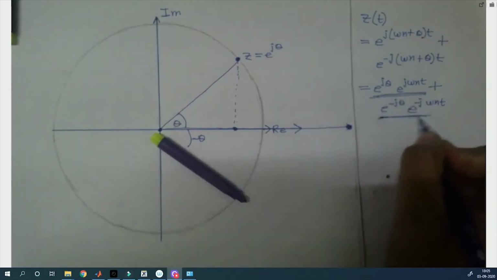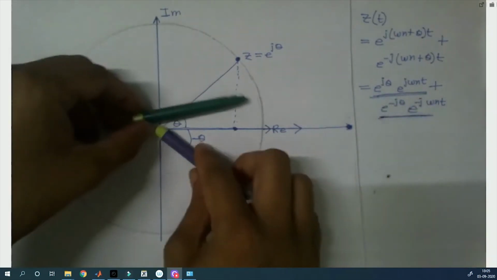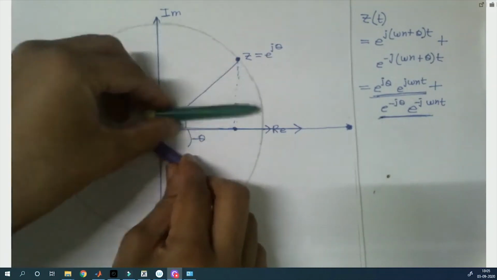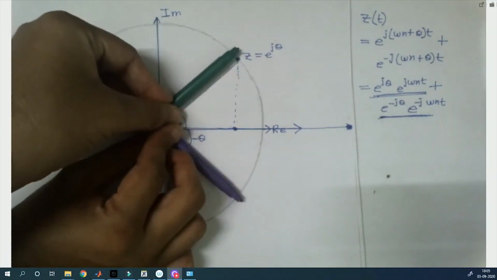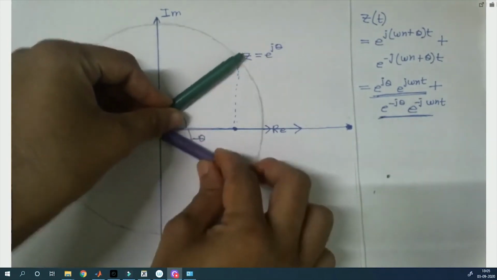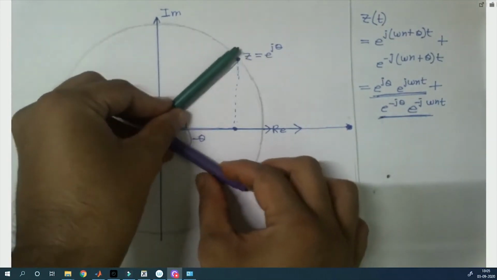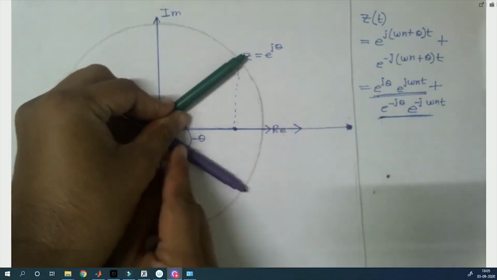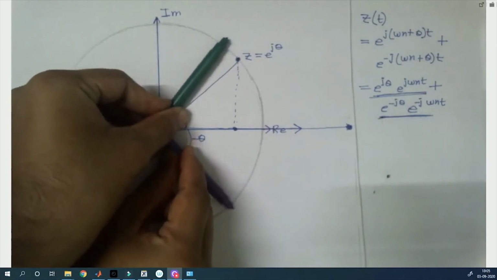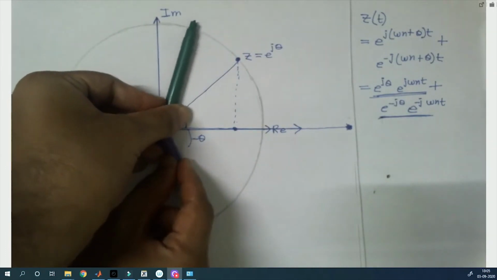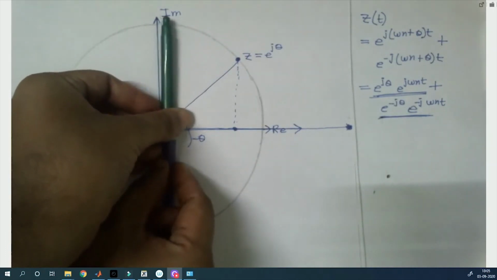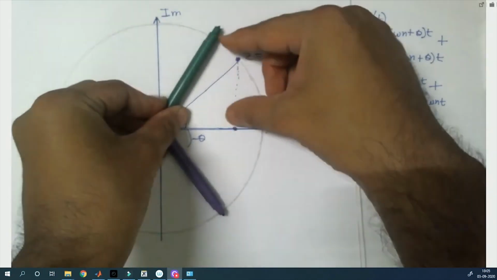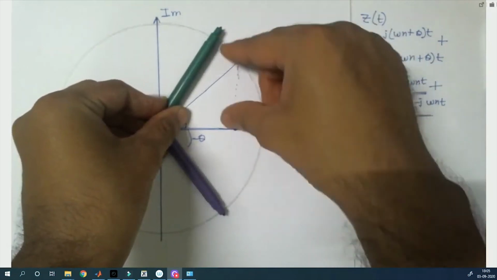this and this together. Let me show them with two pens. They start from this position, one at an angle of theta, another at an angle of minus theta, and from that position they will move in the opposite direction with the same angular velocity, and therefore at any point of time their imaginary parts are equal and opposite.